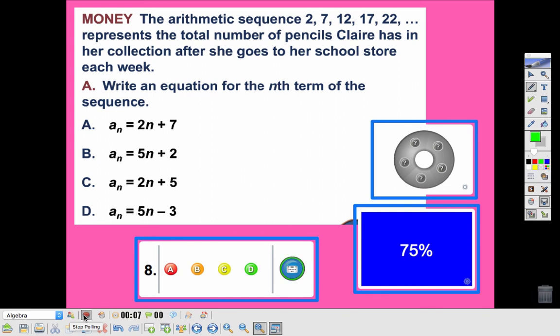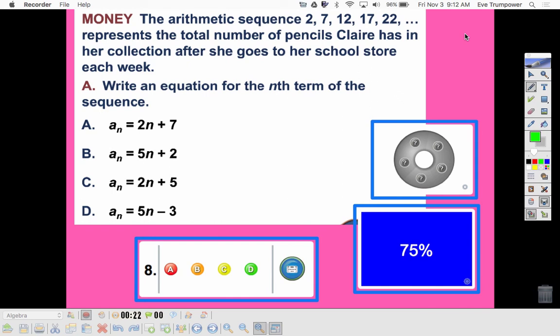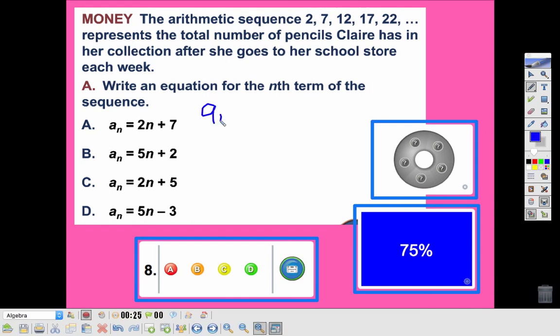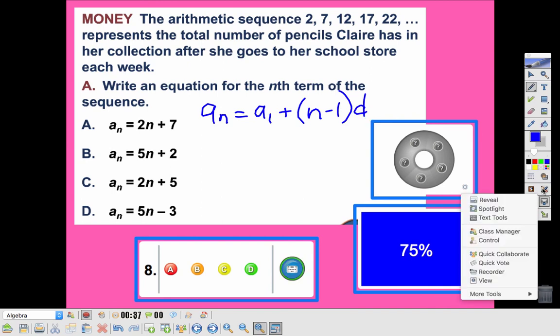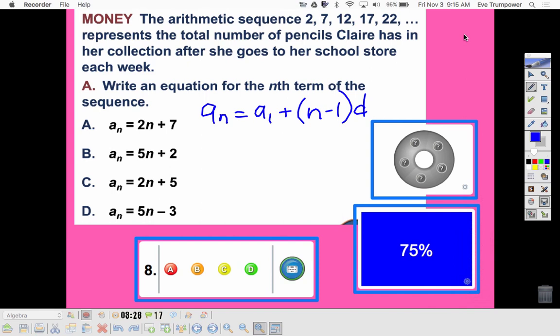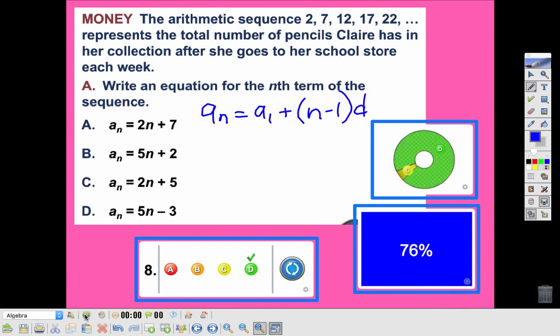Okay, so the arithmetic sequence 2, 7, 12, 17 represents the total number of pencils Claire has in her collection after she goes to the school store each week. Write an equation for the nth term of the sequence. All right, try it out. Using the formula, a sub n equals a1 plus n minus 1 times d.